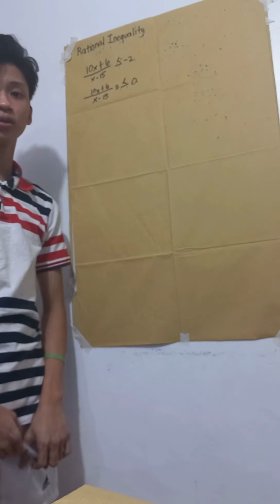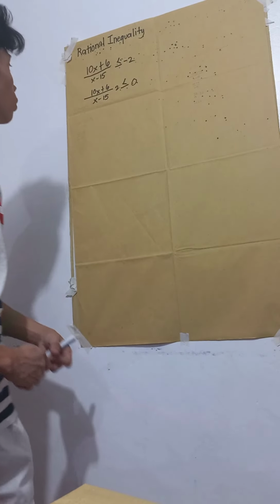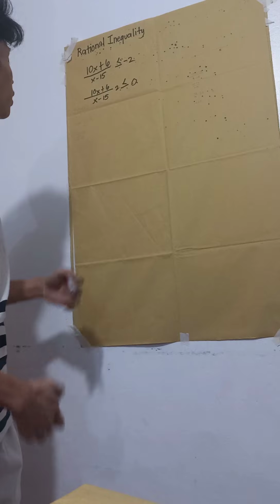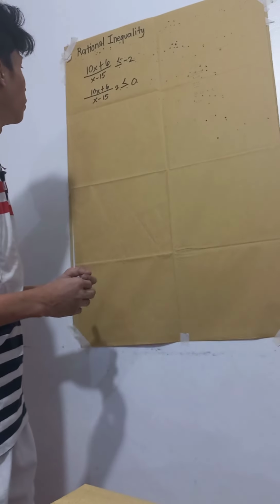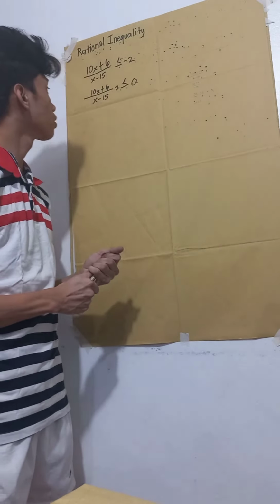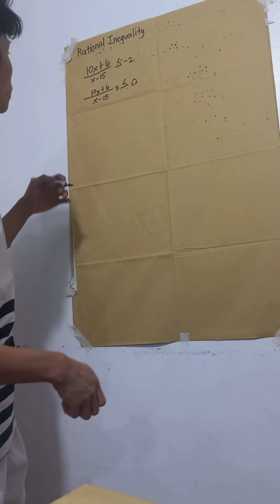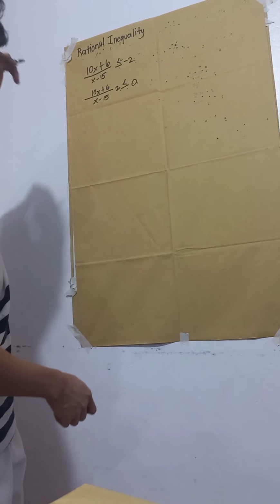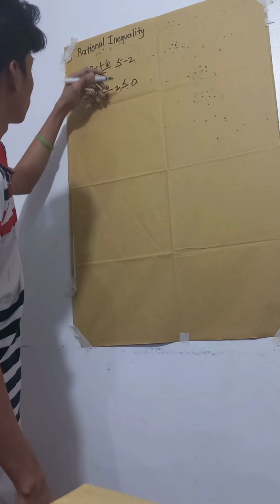That's the first step. Next, we're going to make that one fraction, so we're going to evaluate using cross multiplication.